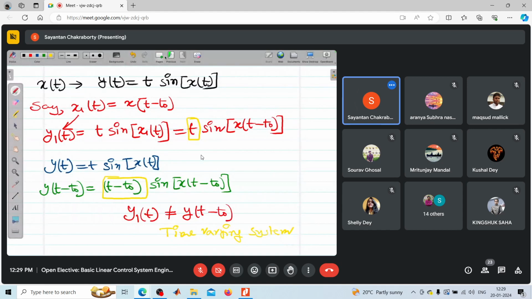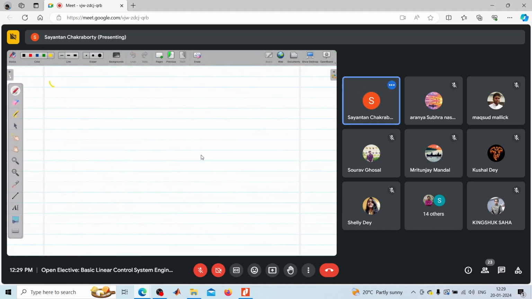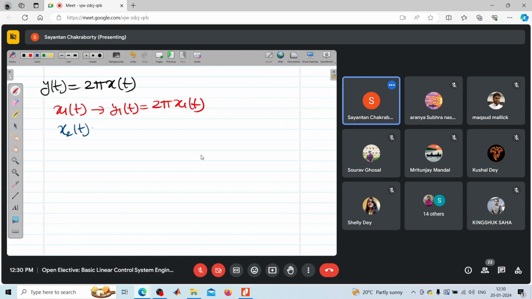So an example of a linear system, say we have considered y(t) is equal to 2 pi x(t). And now you have considered two input signals, x1(t) that produces an output y1(t), and x2(t) that produces 2 pi x2(t).